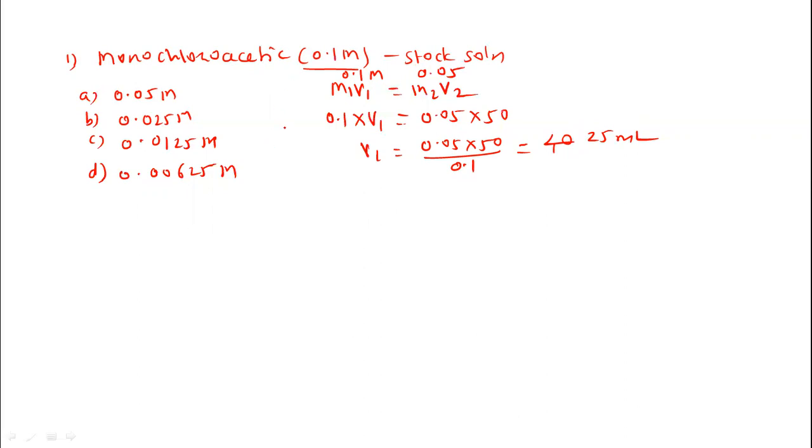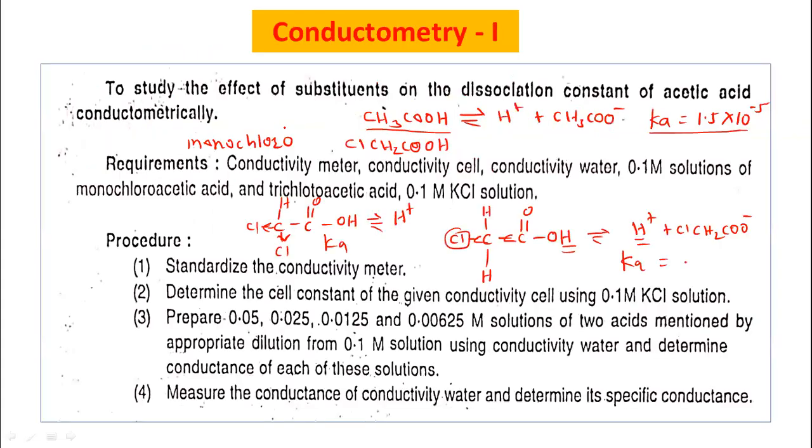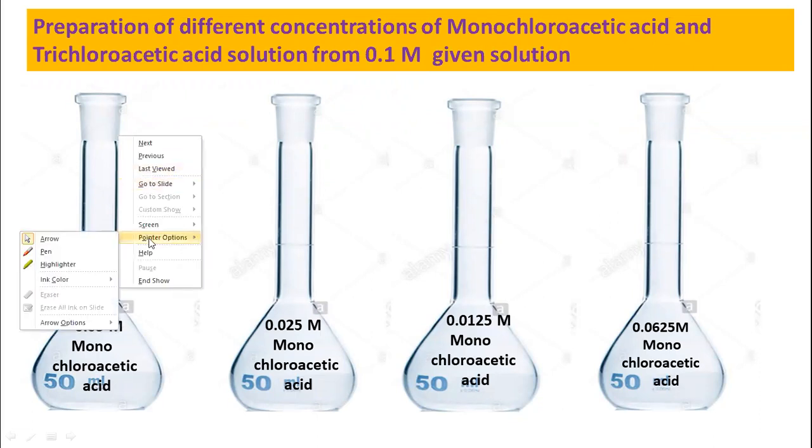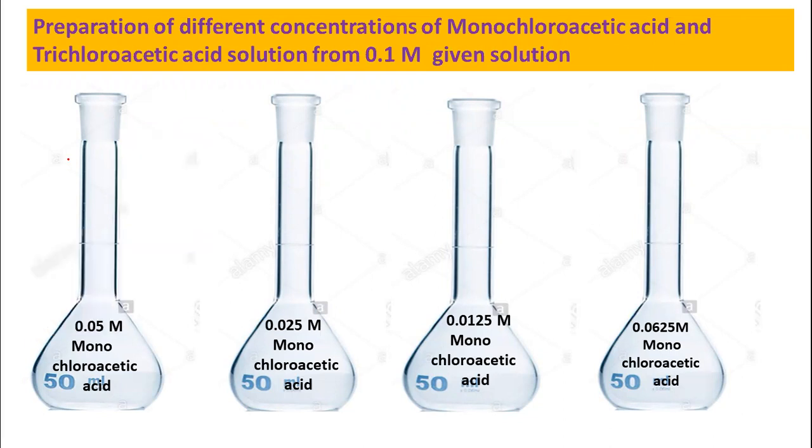So I would like to show this diagrammatically. You can see here, these are the four dilution flasks we require for preparation of different concentrations of monochloroacetic acid. So this is flask 1, flask 2, flask 3 and flask 4.